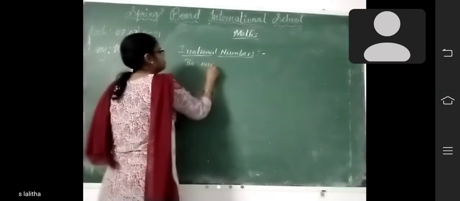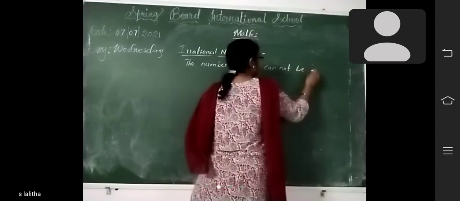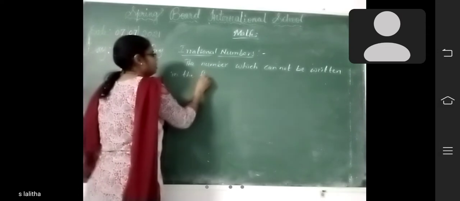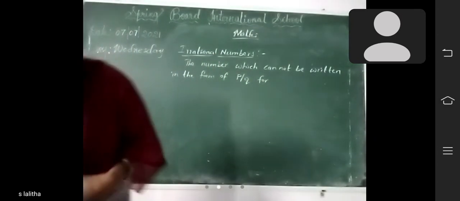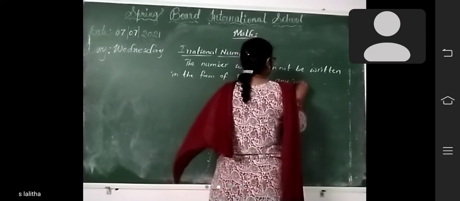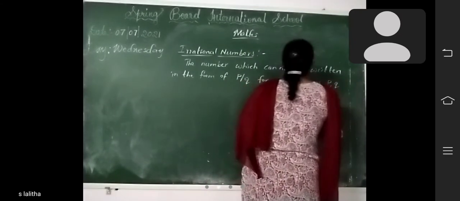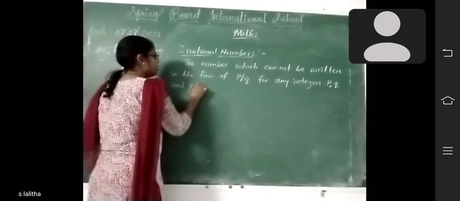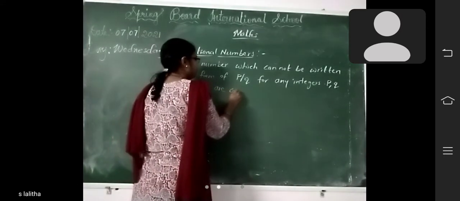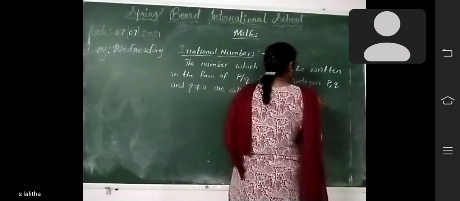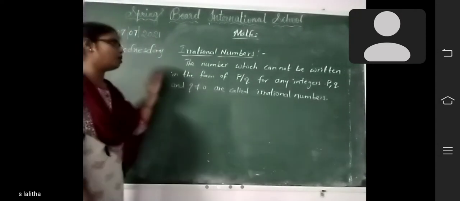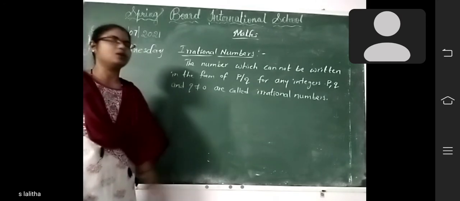The number which cannot be written in the form of P by Q for any integers P, Q, and Q is not equal to 0 are called irrational numbers.